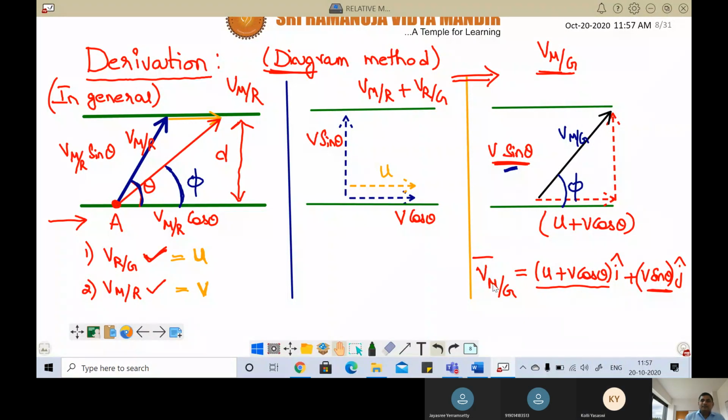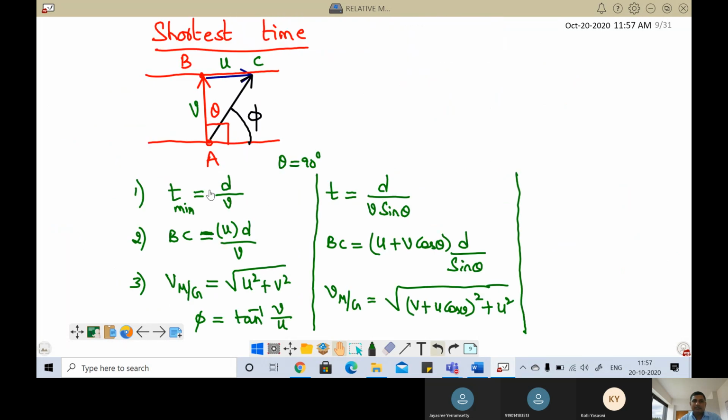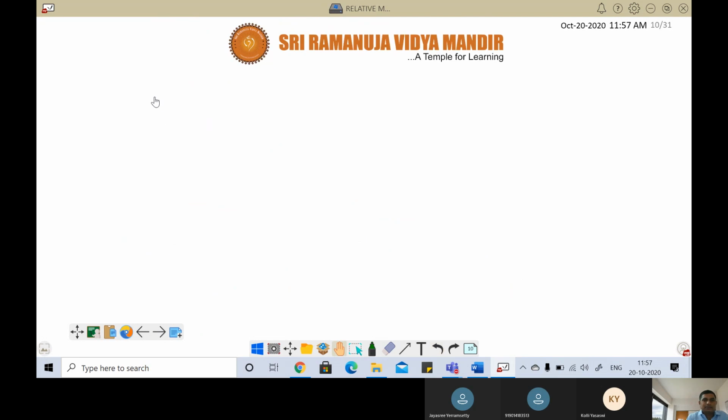Now we'll go to crossing the river in the shortest path. So this one I gave you the results for shortest time. Now I'm going to go for the shortest path.